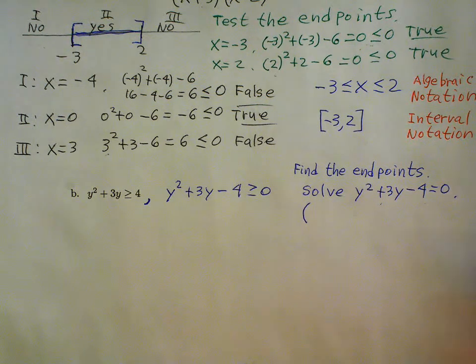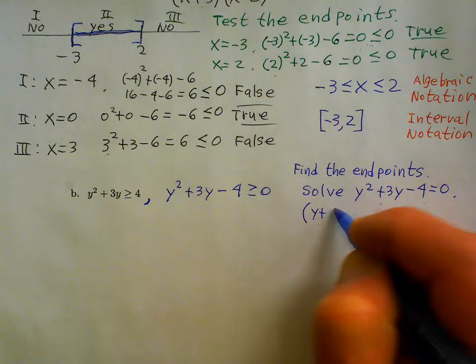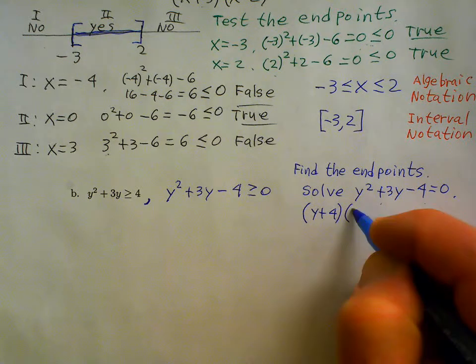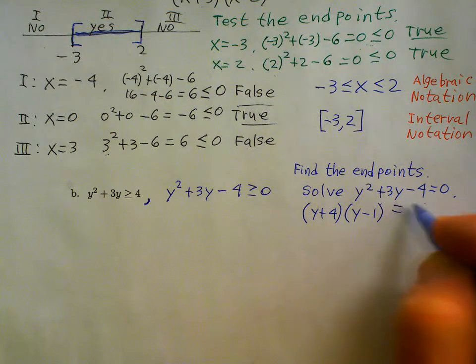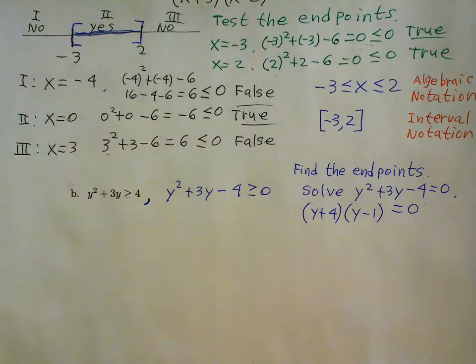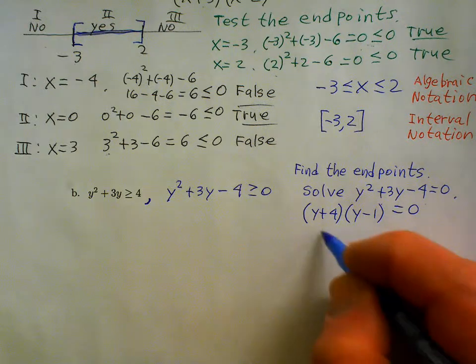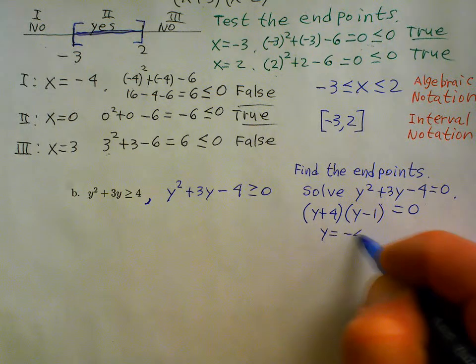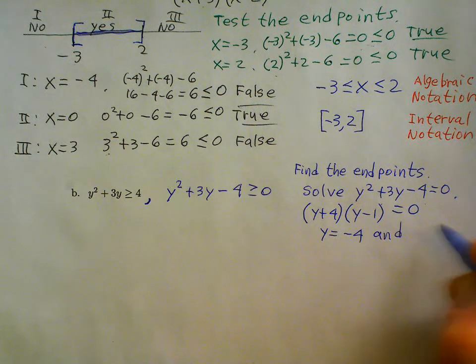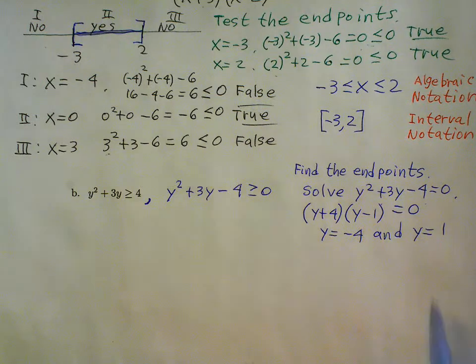So one factor is y plus 4. The other factor is y minus 1. And the two solutions are y equals negative 4 and y equals positive 1. So those are the endpoints.